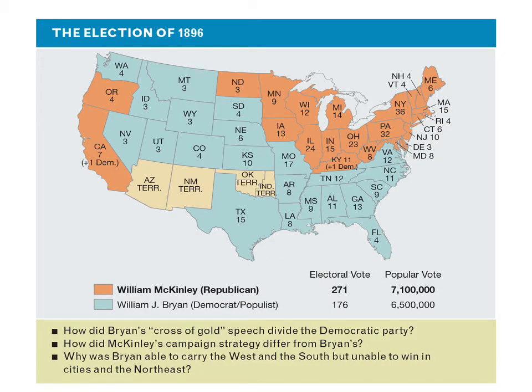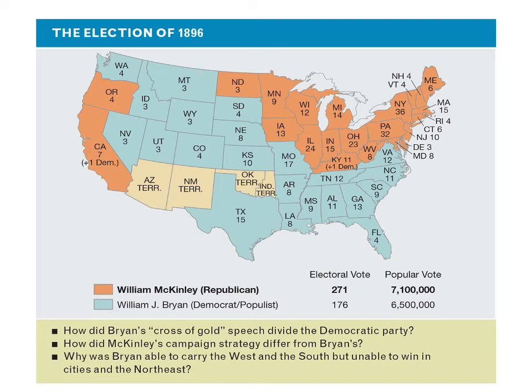As you can see here, the election in terms of popular vote was very close. Bryan received 6.5 million votes, and the winning Republican, William McKinley, received 7.1 million. And of course, you win elections in the United States not through popular vote, but through electoral votes. And McKinley clearly had the edge in the electoral vote. But what it shows is that the populist William Jennings Bryan, whom we'll see later in the course, received widespread support.